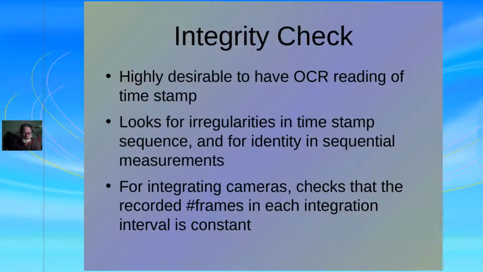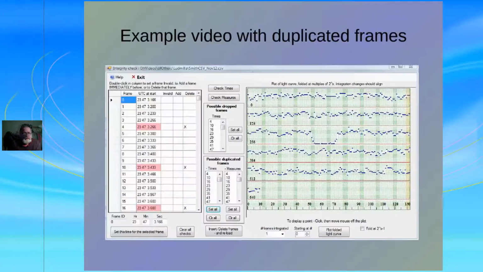So if the star brightness is identical in two subsequent measurements, it will say, hey, these two data points, you need to have a look at these before you continue, because that might be indicative of a duplicated frame. And for integrating cameras, you can check that the recorded number of frames in each integration interval is constant across the duration of the video. Next slide.